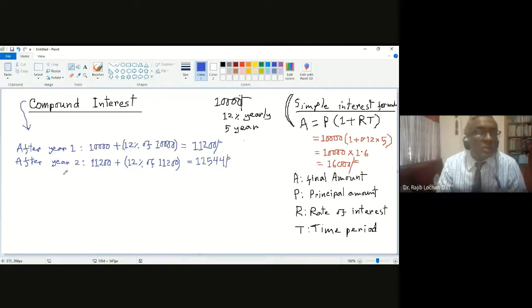So go to the third level. It is after year 3. Again, you will not think about 10,000. You will think about 12,544 as your principal amount. So it will be 12,544 plus 12% of 12,544.